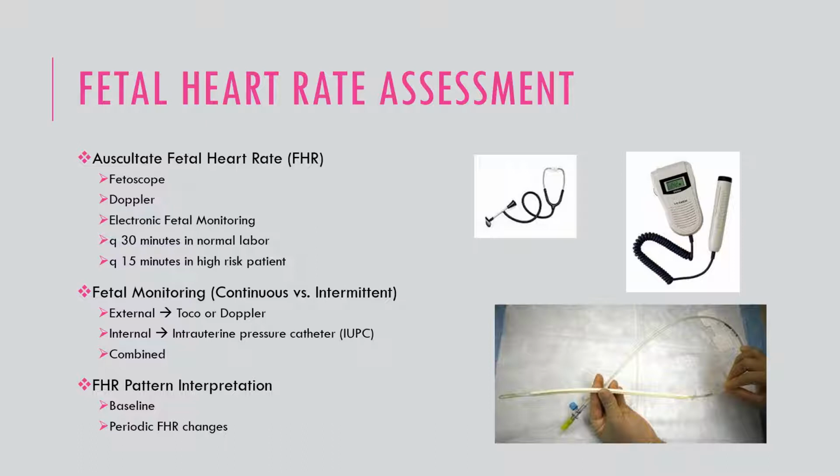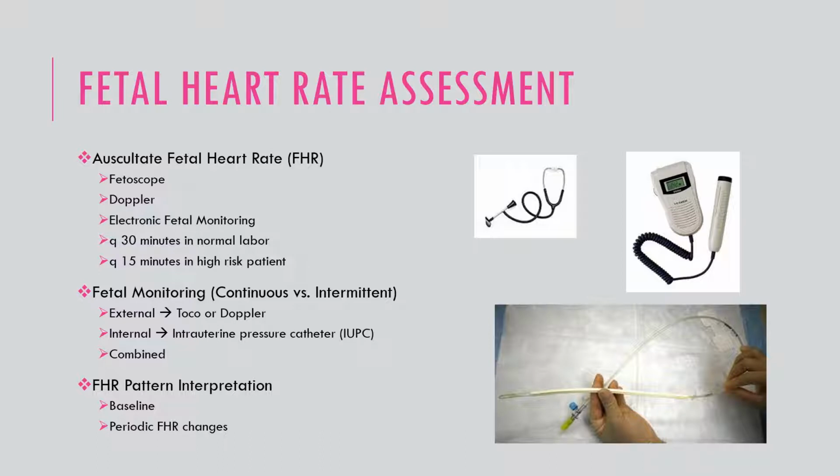Again, fetal monitoring can be continuous or intermittent. We can do it from an external standpoint with that TOCO to measure contractions and the ultrasound Doppler to measure the fetal heart rate, all externally on the mom's belly.